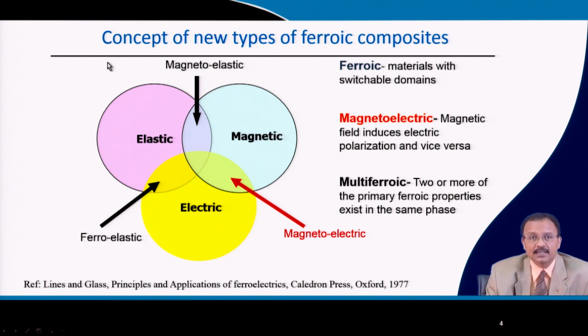So, as you can see, this combination of elastic and magnetic can generate a magneto-elastic effect. Simply electric and elastic, the ferroelastic effect, is already there in a ferroelectric material, and this polarization and magnetization cross-coupled region is called magneto-electric coupling.